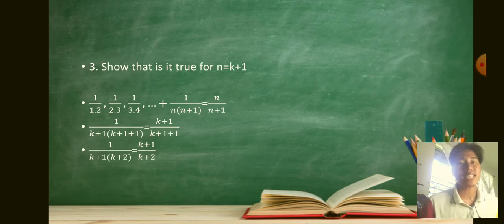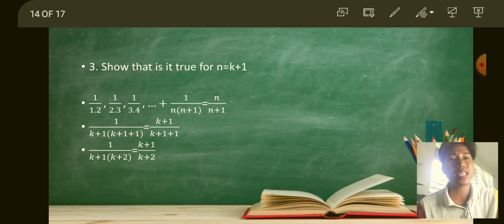And then third step, show that it is true for n equals k plus 1. So 1 over n times n plus 1 is equal to n over n plus 1. So we put k plus 1 for n. It will become 1 over k plus 1 times k plus 1 plus 1, equal to k plus 1 over k plus 1 plus 1.